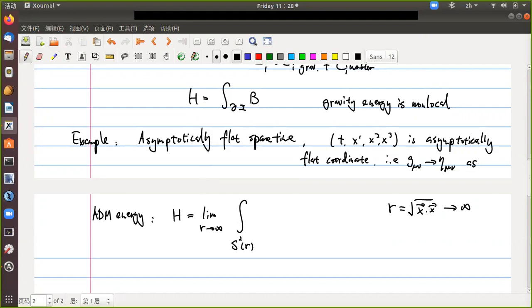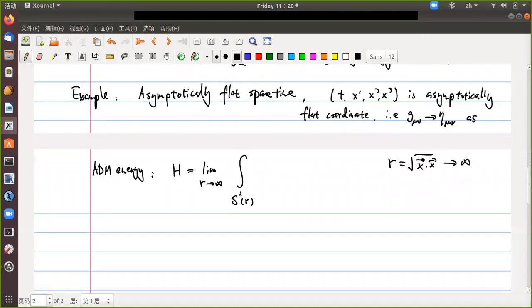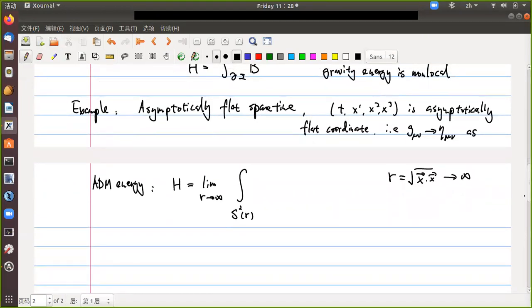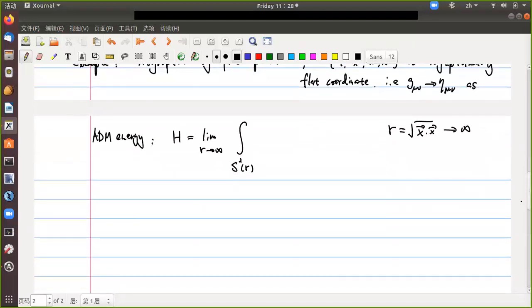Because you have your three-dimensional space, you can draw a lot of two-spheres enclosing your space. Suppose this is your space sigma, and you go to infinity.